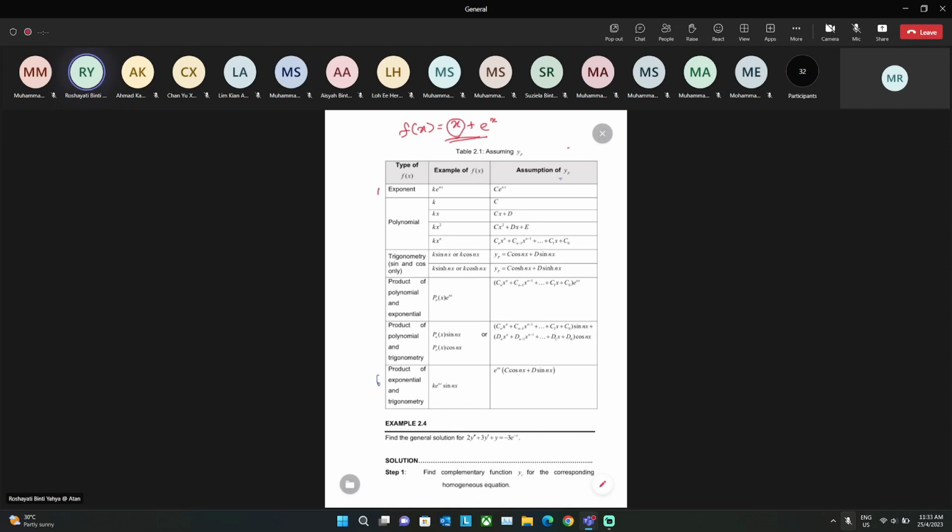From number 1, 2, 3, 4, 5, 6, which one do you think is very similar with this column? If your f(x) equal to x, we focus on x first. So which one?